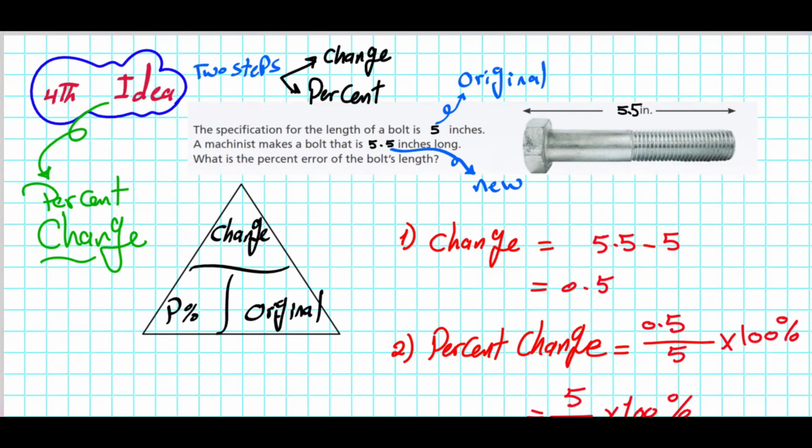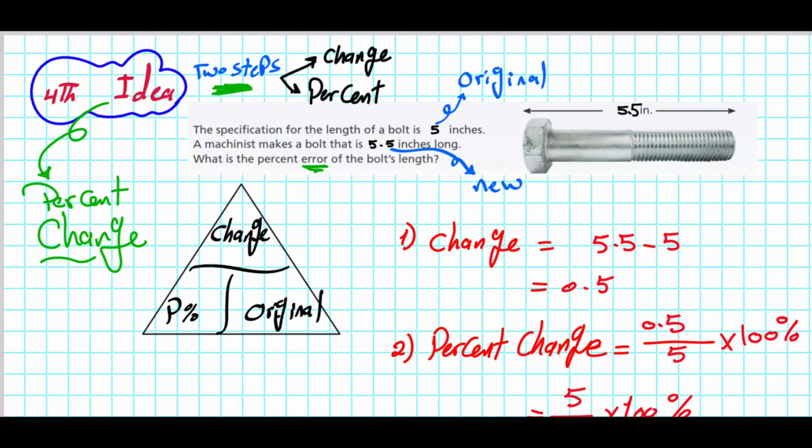So I want the percent error or the percent change that happened here. As we can see here, we need to use two steps. First, we get the change, then we get the percent. Sometimes we call the change an error, the change between what I have and what I get.